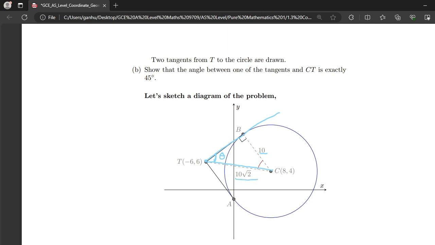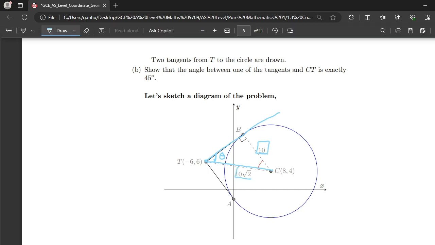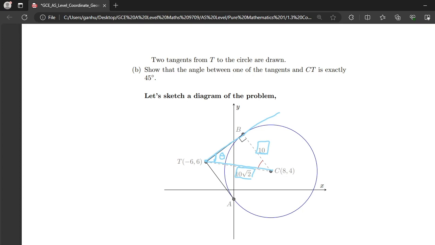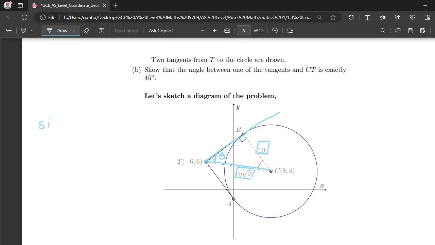10 root 2. And notice how CTB is a right angle triangle, so we can use SOHCAHTOA to find this angle theta. And so we can say that this side CB is our opposite, and the side CT is our hypotenuse, which means that we have opposite and hypotenuse, so we're going to use sine theta is equal to opposite over hypotenuse.